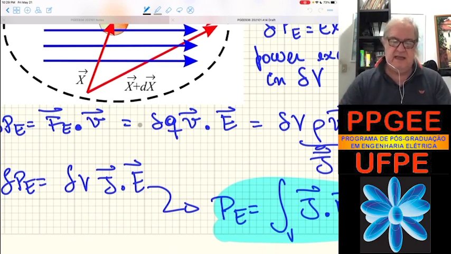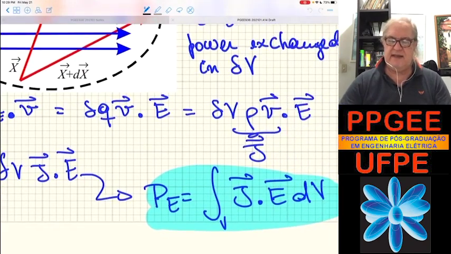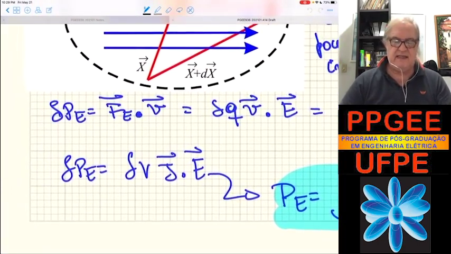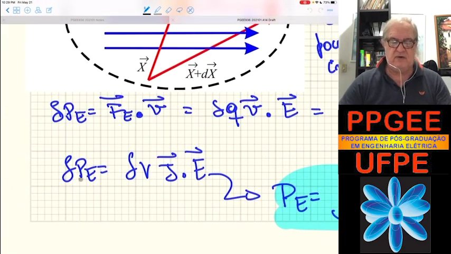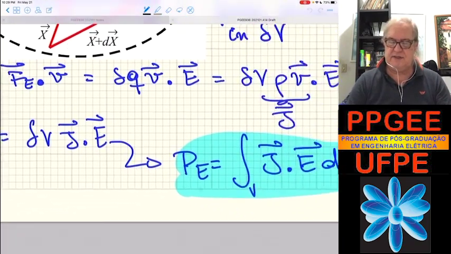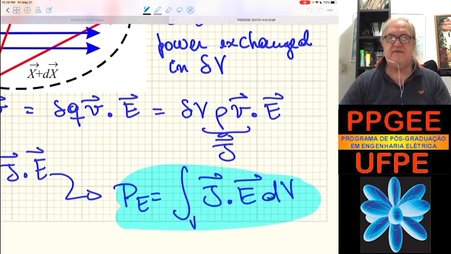So electric force is field times the charge in the volume, delta Q, which by itself is the density times the volume, rho delta V. And rho times velocity equals the current density J. So it means that the power exchange in the differential volume is simply the volume times the dot product between J and E, and you have the total power exchanged, which is going to be the integral of J dot E dV.